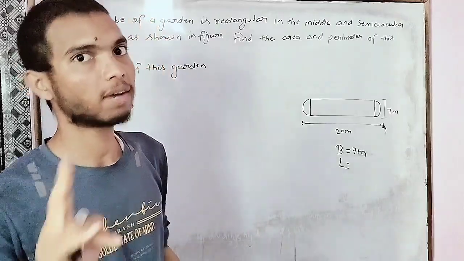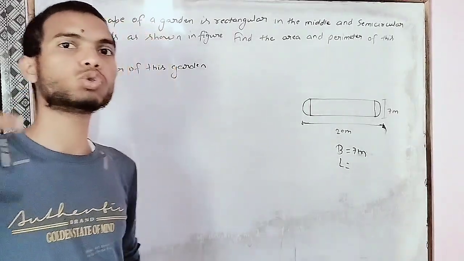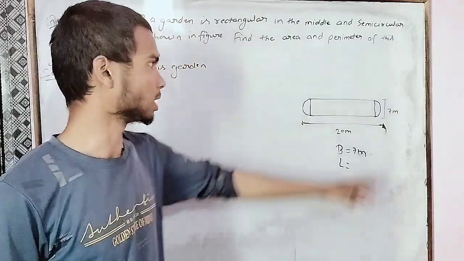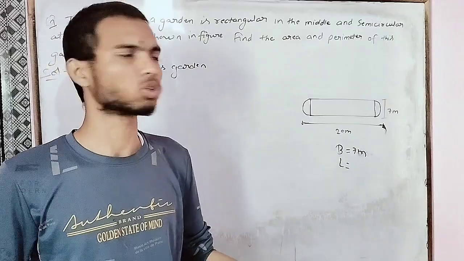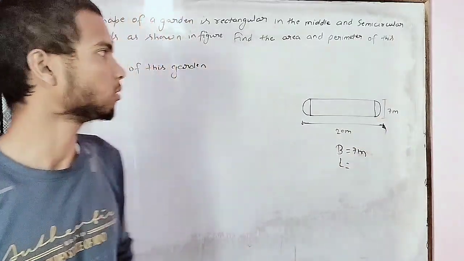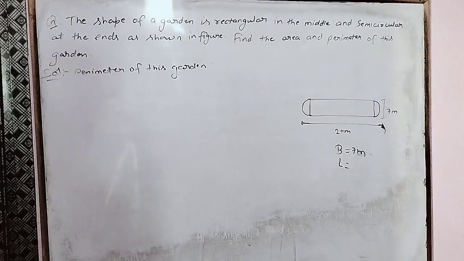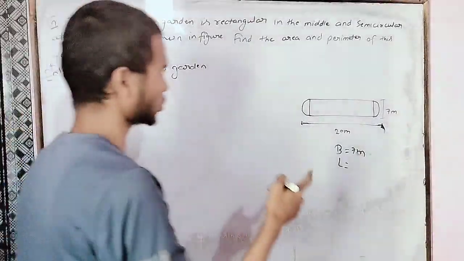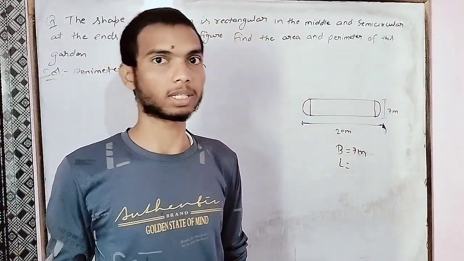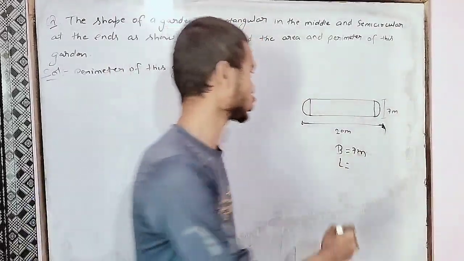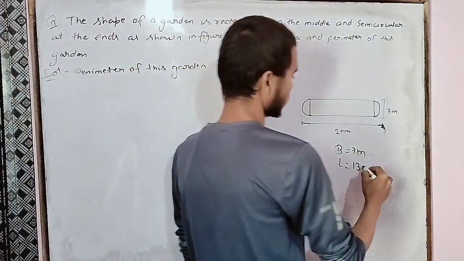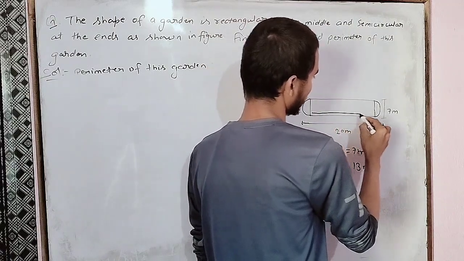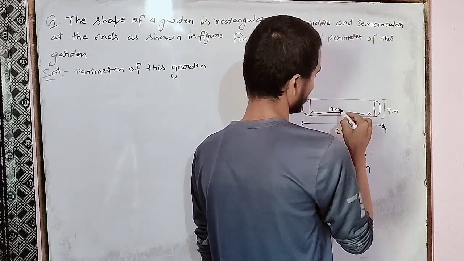We have two 7 by 2 meter, this is one and this is second. So 7 by 2 plus 7 by 2 will be 7. So can we say 20 minus 7 is the length of this rectangle? So 20 minus 7 will be the length, which is 13 meter. So from here till here is 13 meter.